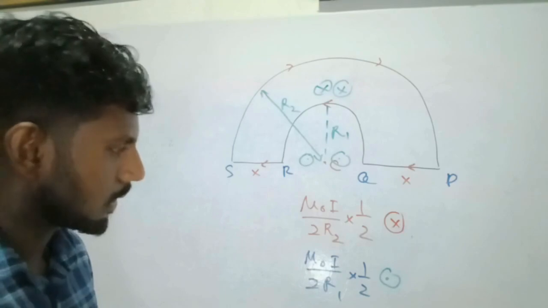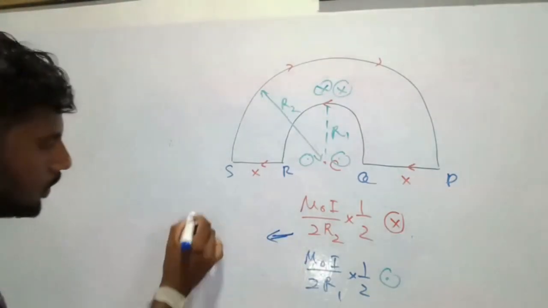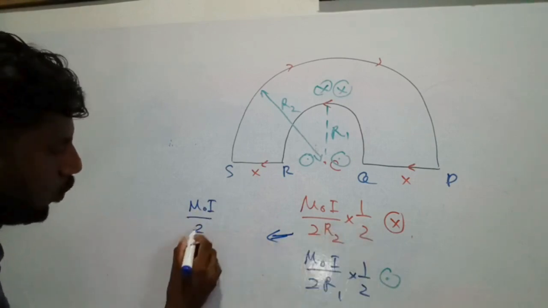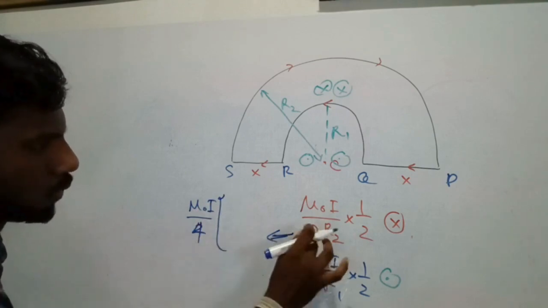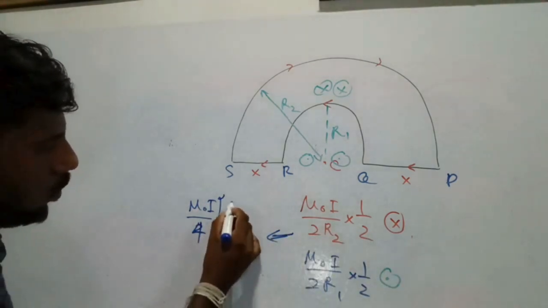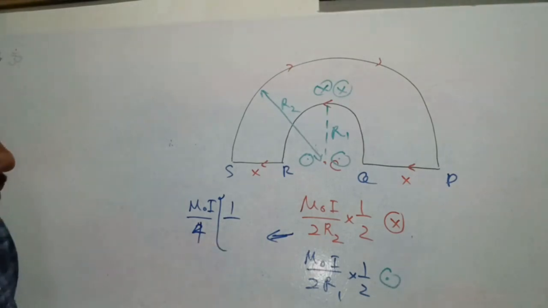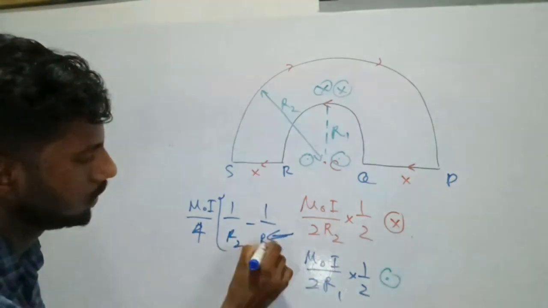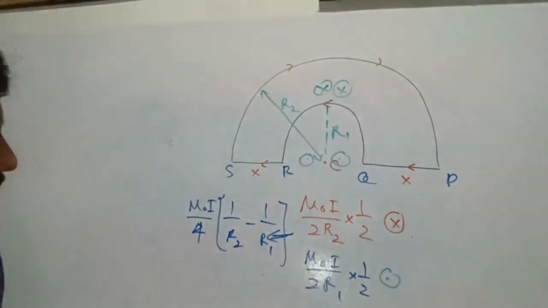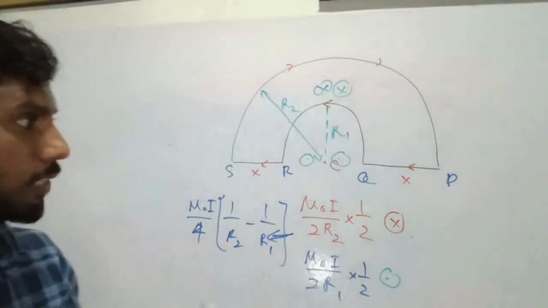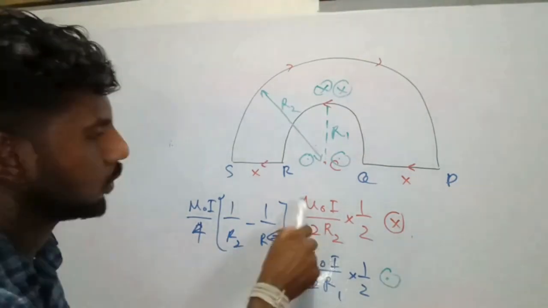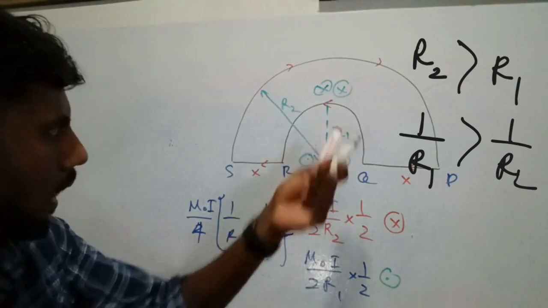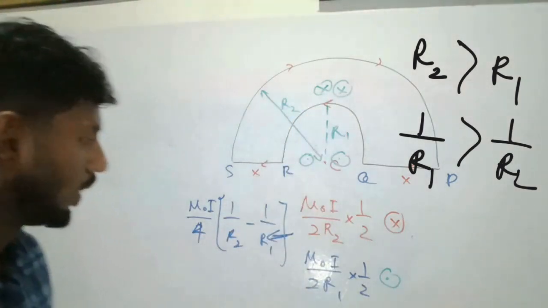So let's write the answer now. Mu naught I is common, and 2 into 2, 4, is common. So we get mu naught I over 4 times 1 over R2 minus 1 over R1. We need to see which one is higher. R2 is larger, so 1 over R2 is smaller, so it should be the other way around.